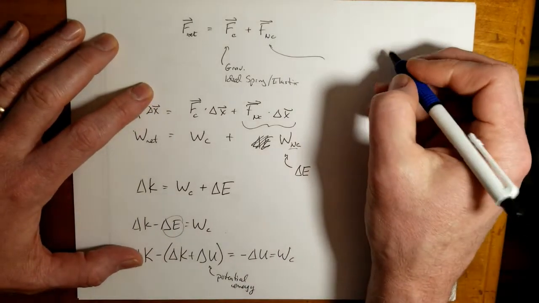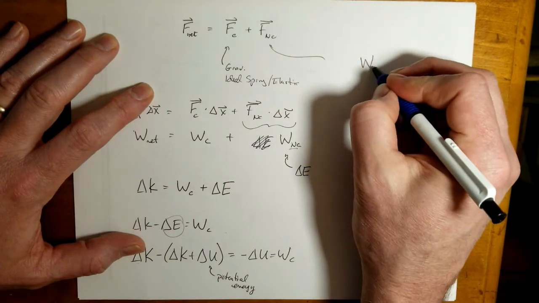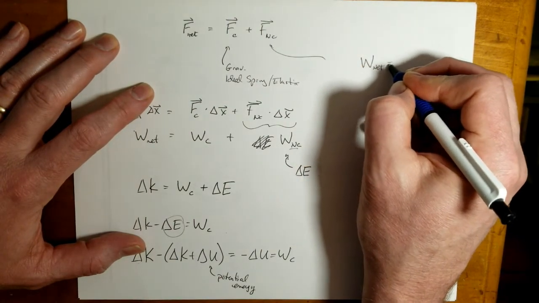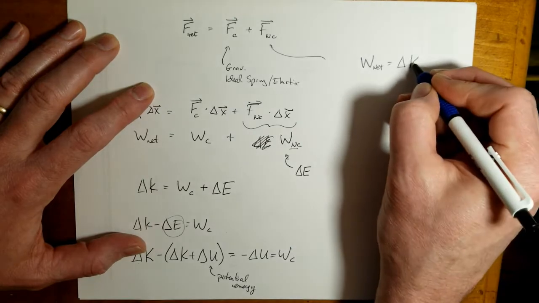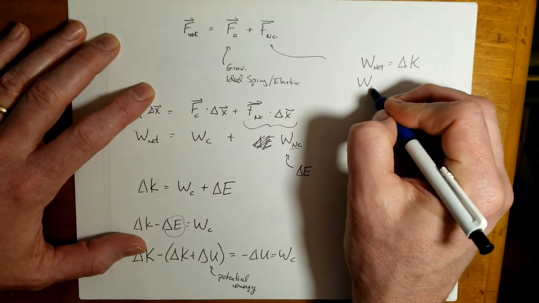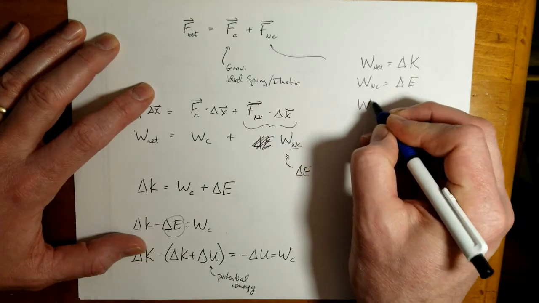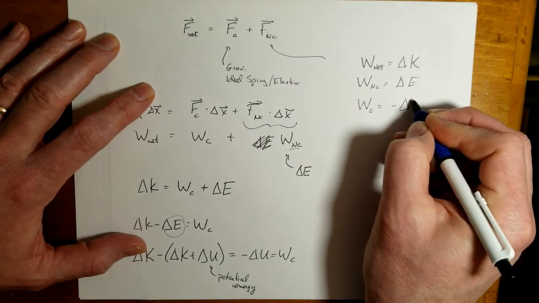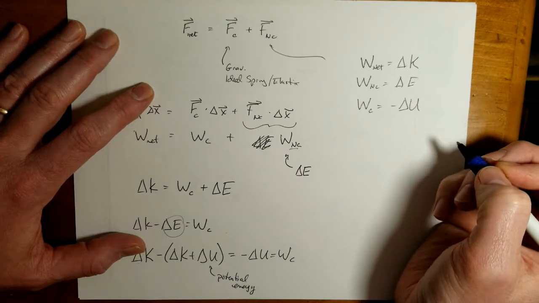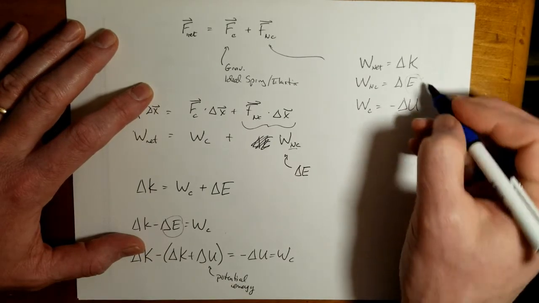And so we have these three relationships here. We have the total work or net work is equal to the change in kinetic energy. We have the non-conservative work is equal to the change in energy. And we have the conservative work is equal to the negative change in potential energy. So this is the total energy.